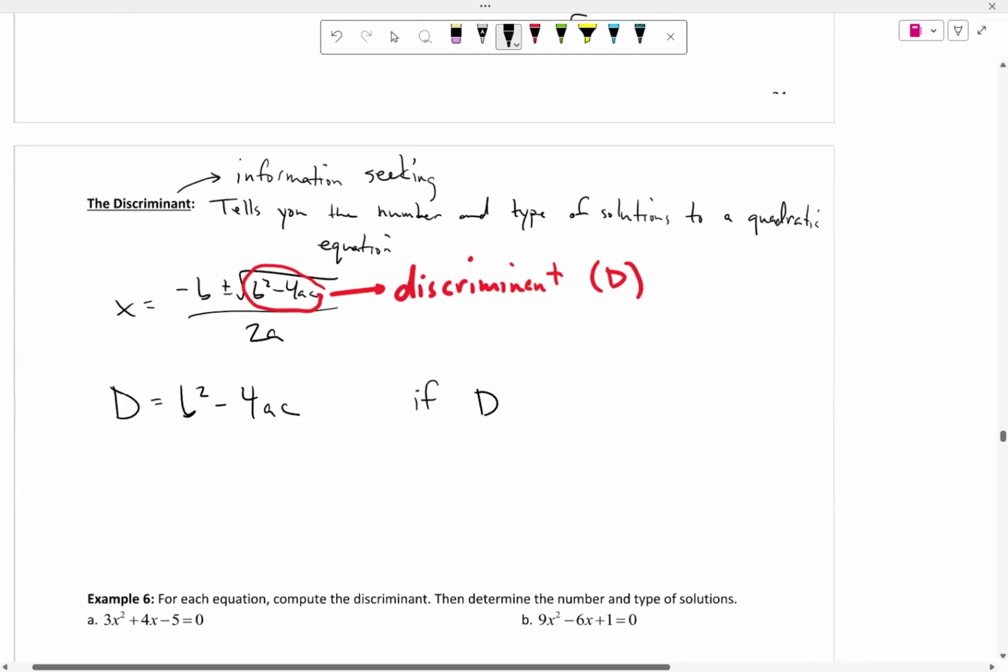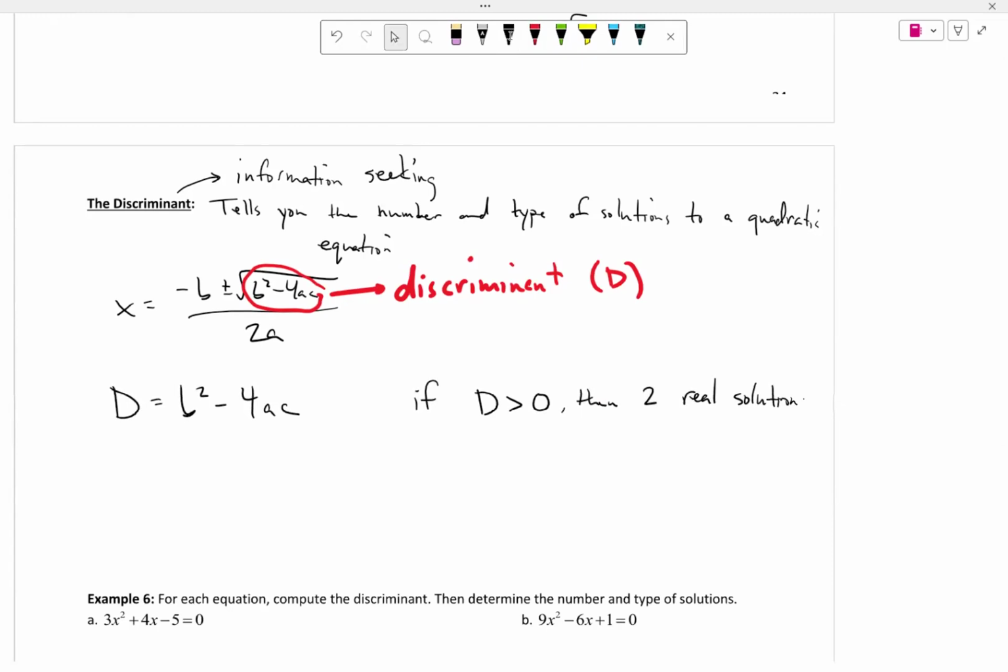If the discriminant is greater than 0, that means there are two. How do we know they're real? They're taking the square root of a positive number. Then there are two real solutions. If D is equal to 0, then there is one real solution. Does it have to be real or could it be imaginary? It's definitely real.